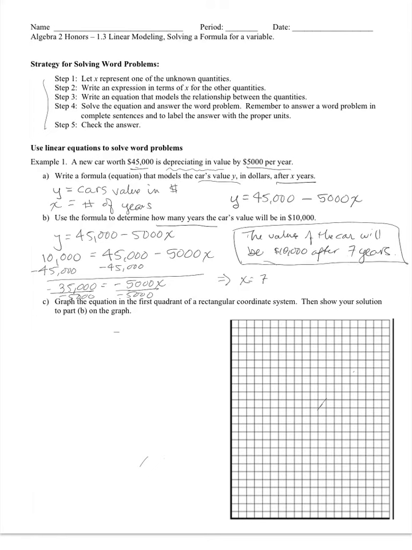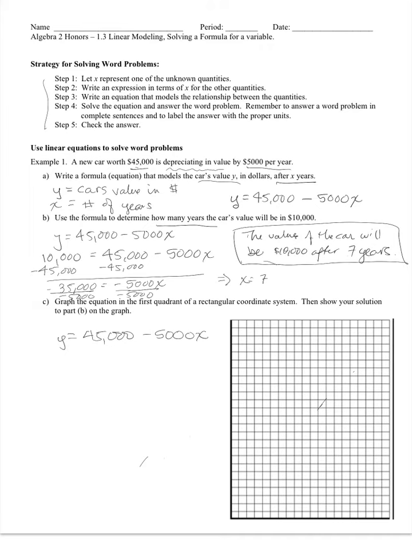Now, in part C, we have to graph the equation, obviously in the first quadrant because we're dealing with time and the amount after a positive length of time, and we're going to show our solution. So what do we know? We know from part A our equation, y equals 45,000 minus 5,000x.